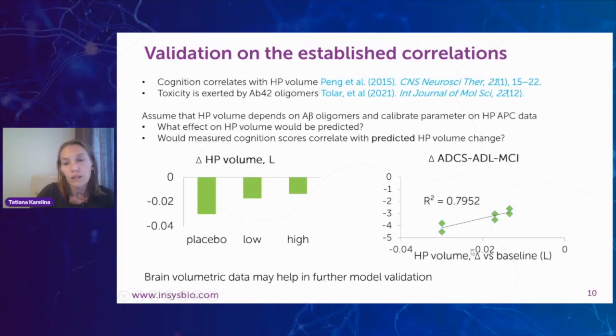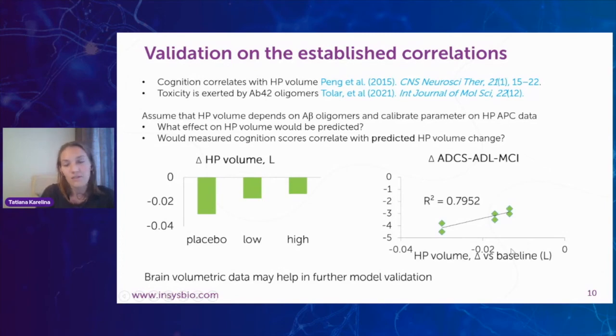And if we align predicted hippocampal volume change with the data taken for both treatment arms and for both trials of aducanumab, ENGAGE and EMERGE, then we actually see a very good correlation between delta ADCS-ADL-MCI and delta hippocampal volume.